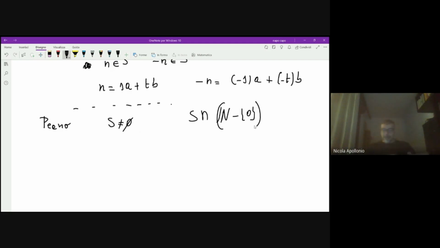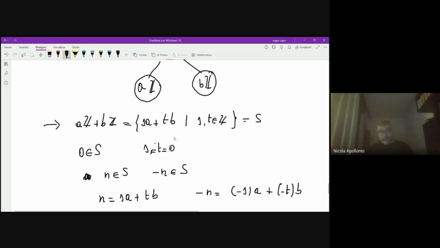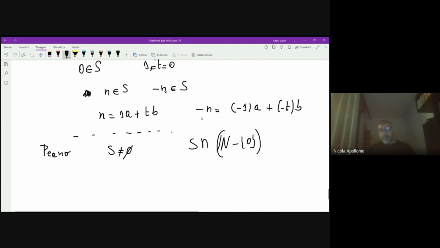So we pick our set of integer linear combinations of A and B, and among these, we throw out those whose result is negative or 0. And we retain whatever is left.